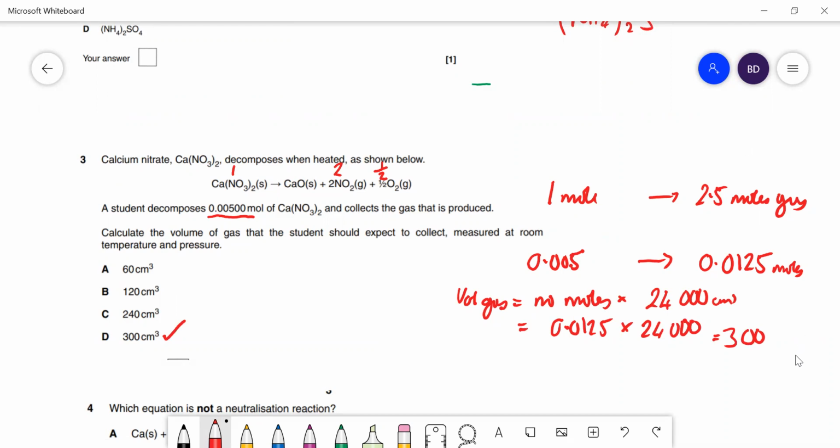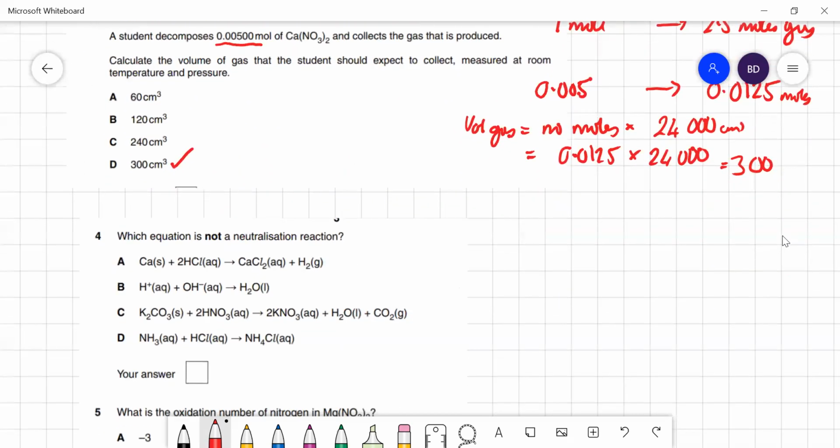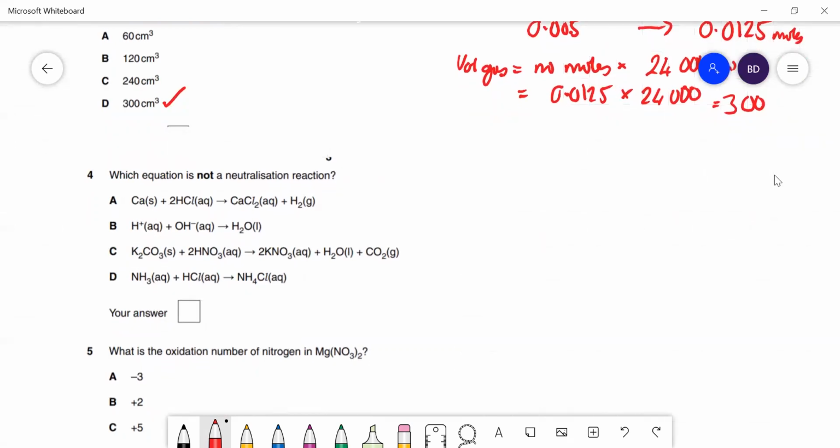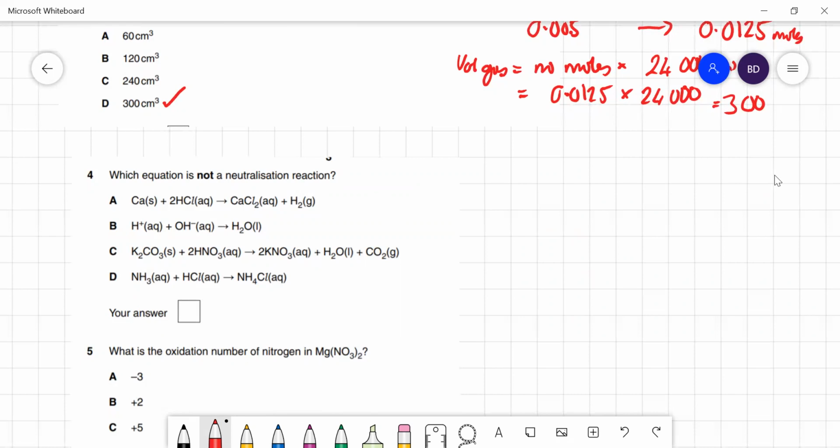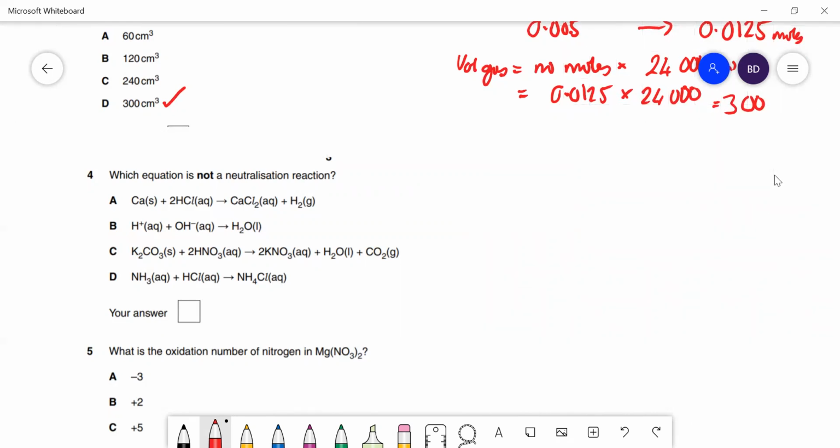Right, okay. Which equation is not a neutralization reaction? They quite often ask exactly the same question, and the answer is A. Well, neutralization, you've got to have something accepting H plus. The base or the alkali has got to accept H plus ions. So in this equation, the OH minus is accepting H plus. In C, it's the carbonate ion which is accepting H plus.